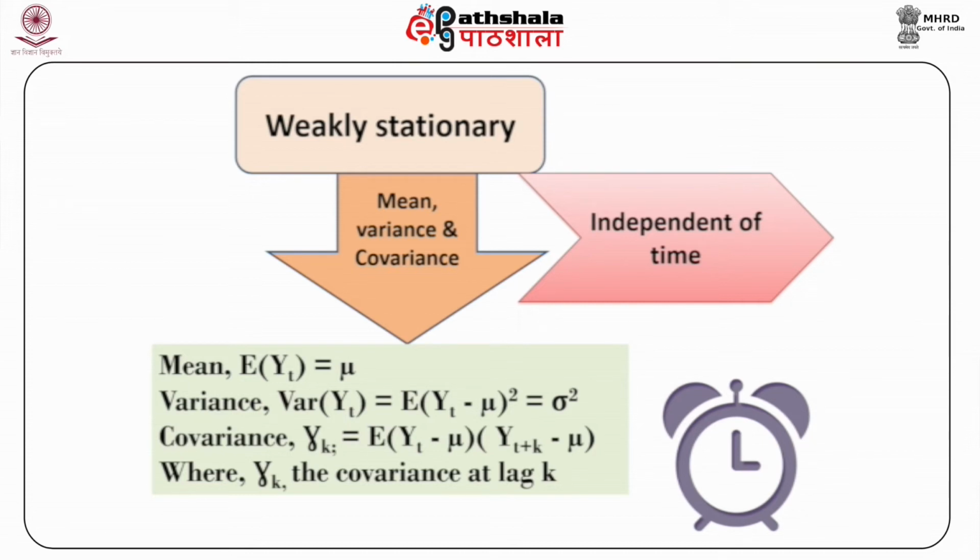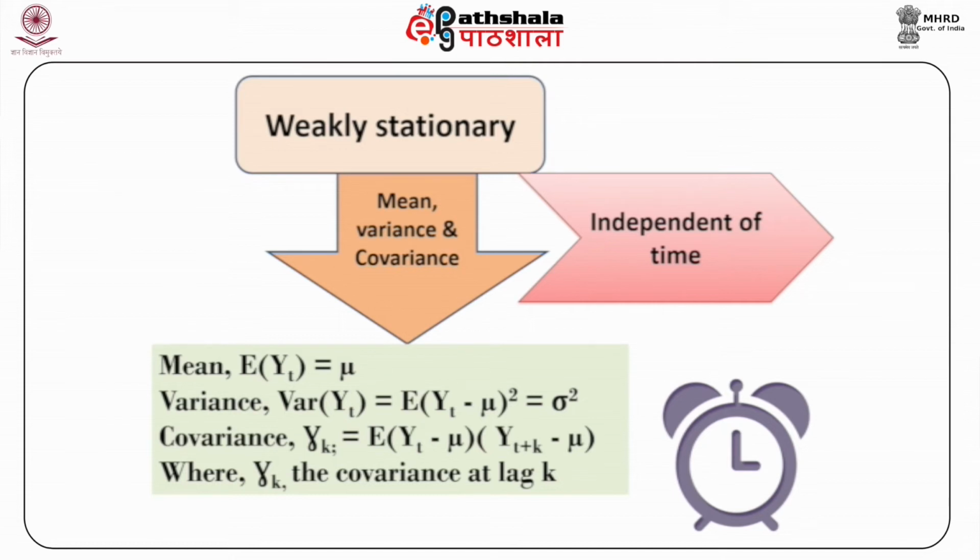Mathematically, it can be expressed as mean, that is expectation of yt is equal to mu, which is not a function of time. Variance, that is variance of yt, which is equal to expectation of yt minus mu whole square, is equal to sigma square, which is also not a function of time.